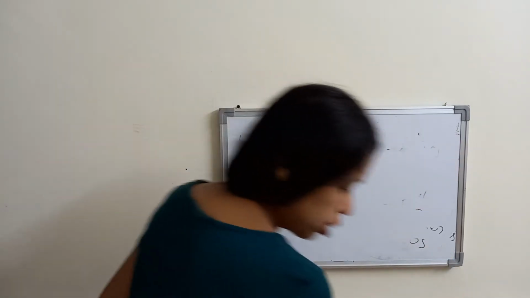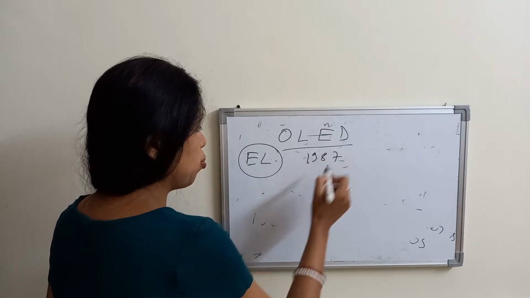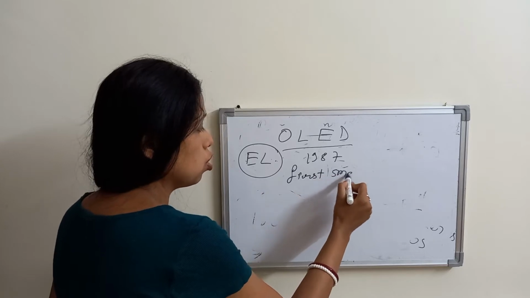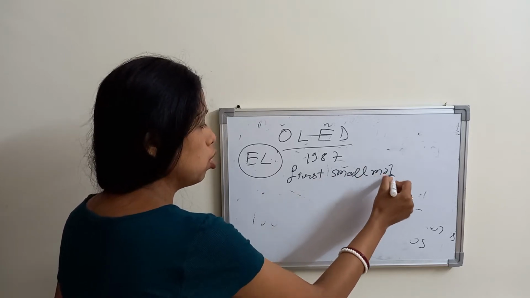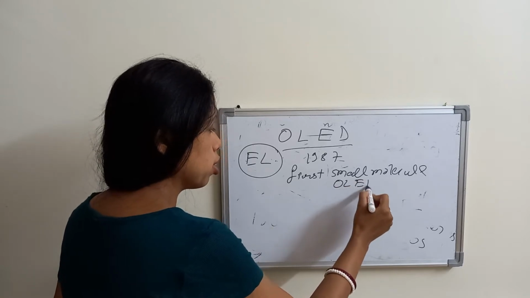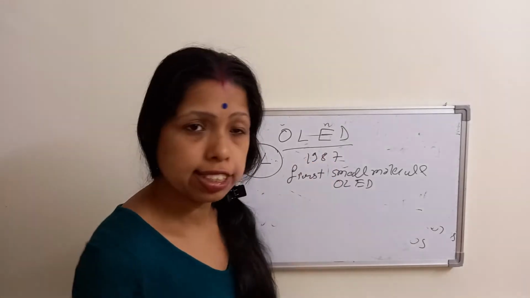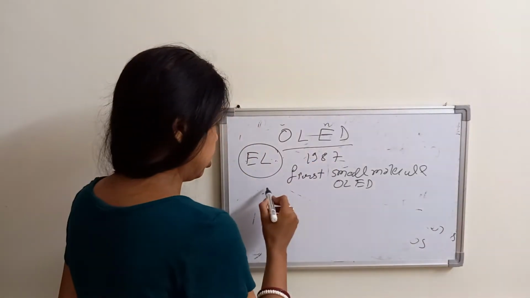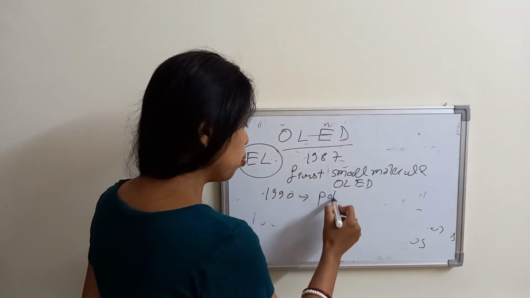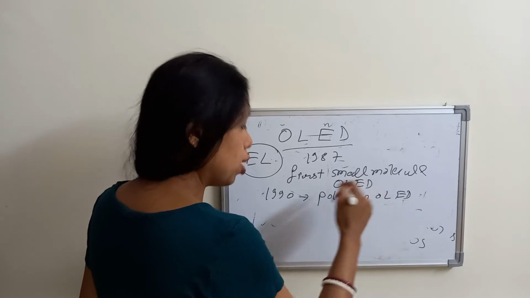After that, in the year 1987, the first small molecule based OLED was implemented. After that, in 1990, the polymer OLED was implemented.